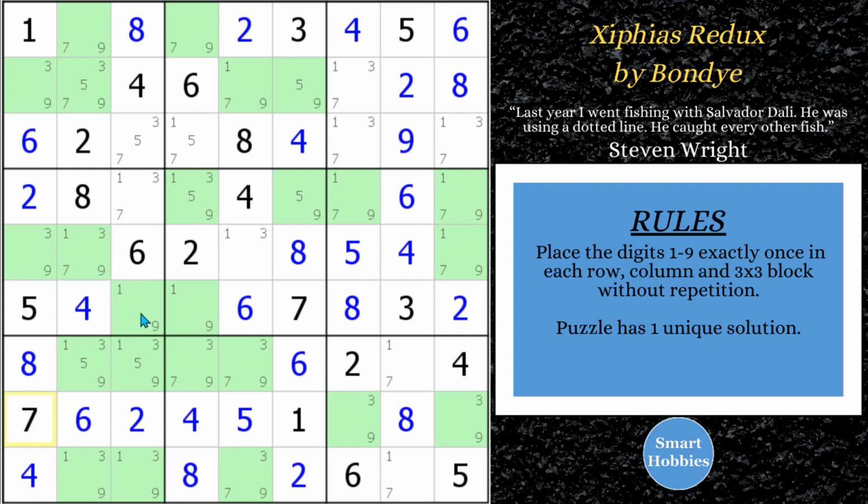Doesn't help. I do see there's something going on here with the 9s. What is it? I feel like, besides what we just found, there's something else here.